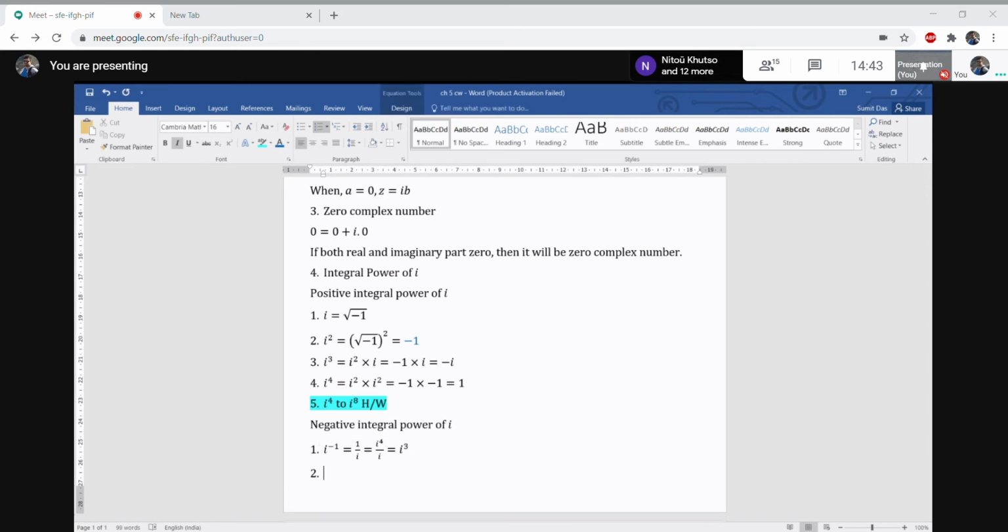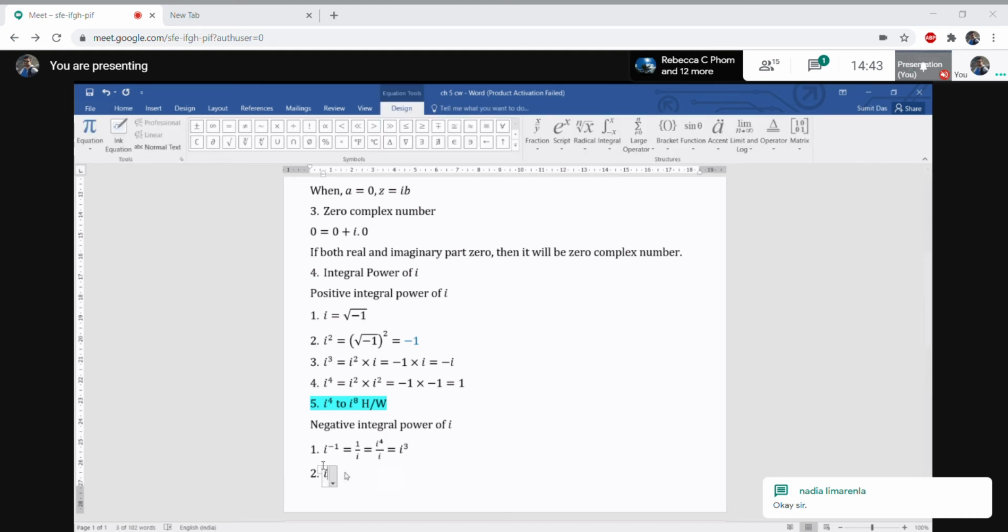Next, i to the power minus 2. So i to the power minus 2 equals, we can write 1 divided by i square. Okay, so similarly we can put the same value.